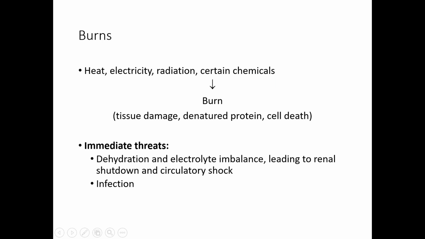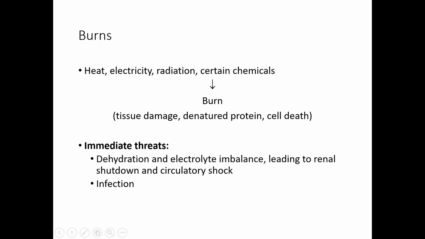Now let's talk about burns. There are several agents that can cause burns: heat, electricity, radiation, chemicals. And a burn is just denaturation of proteins in the tissues, starting from the skin and going deeper and killing our cells.